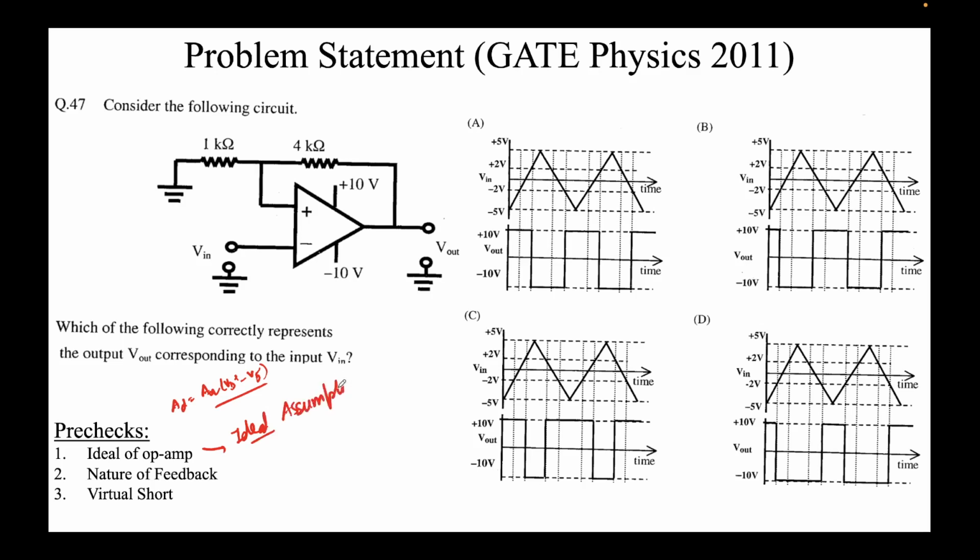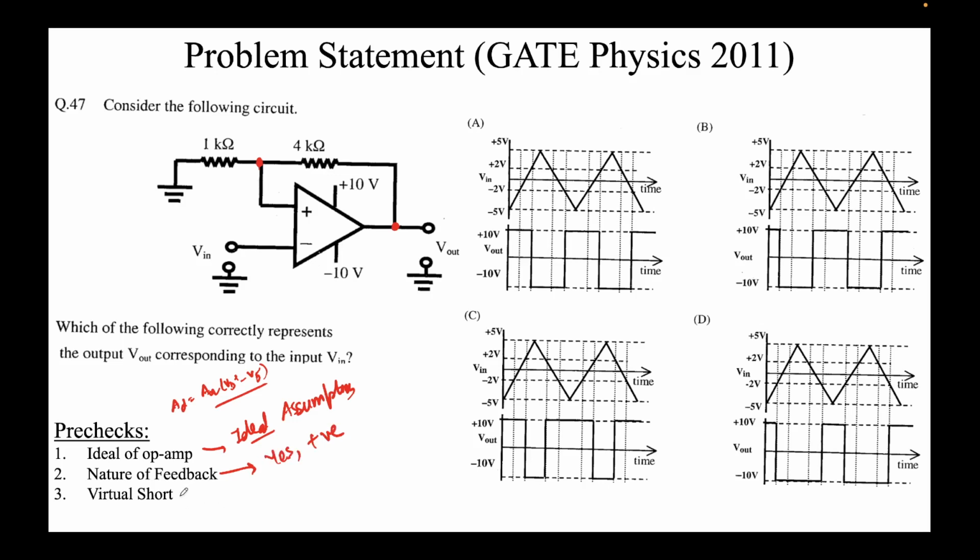Secondly, we check whether any feedback is present. We can clearly see the output node is connected to the positive terminal via this 4K resistor, and hence there is a feedback. What kind of feedback? It's a positive feedback.